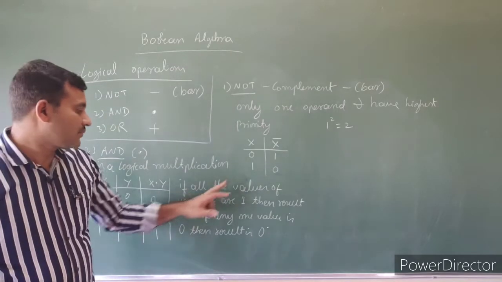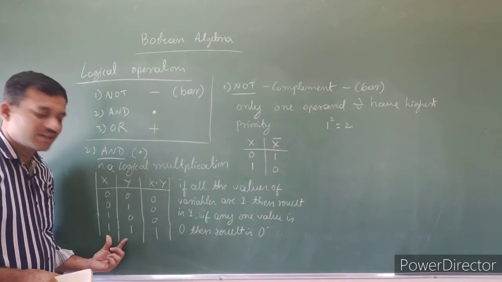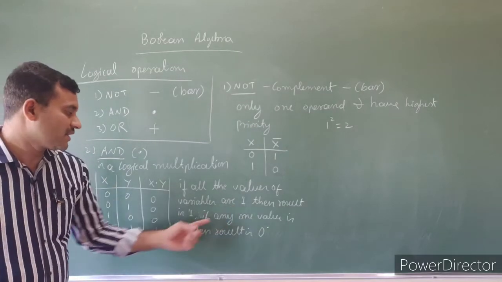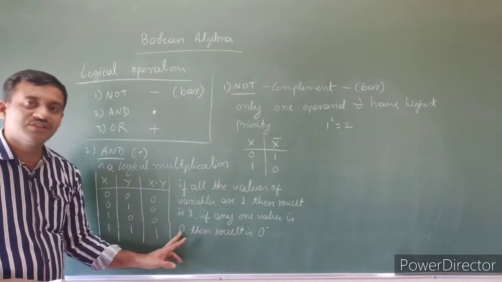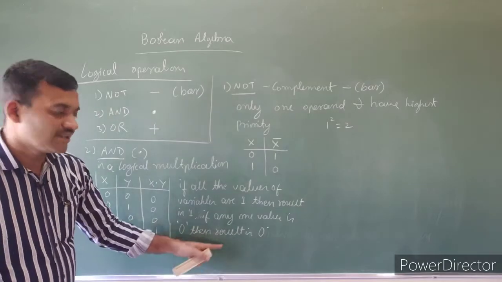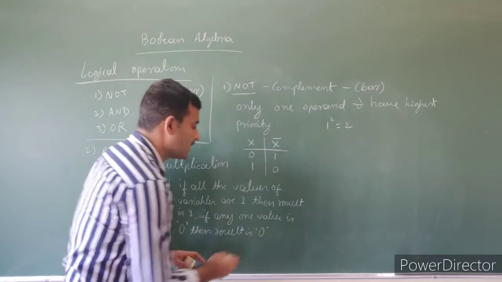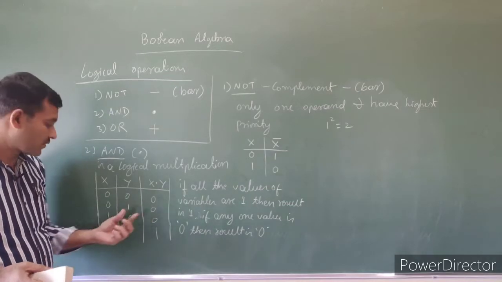If all the values of variables are 1, see the last combination 1 1, the output is 1. If any one value is 0, then the result is 0. See here, out of x, y, the first one has a 0, so the output is 0.